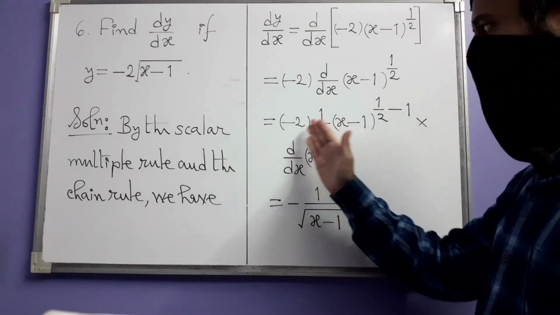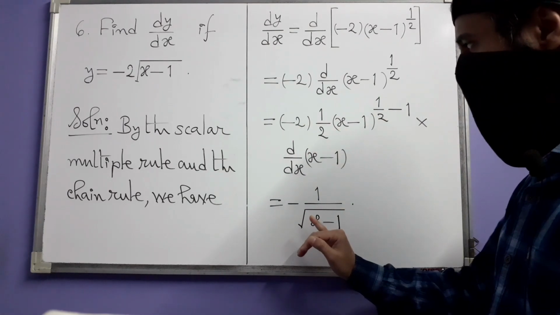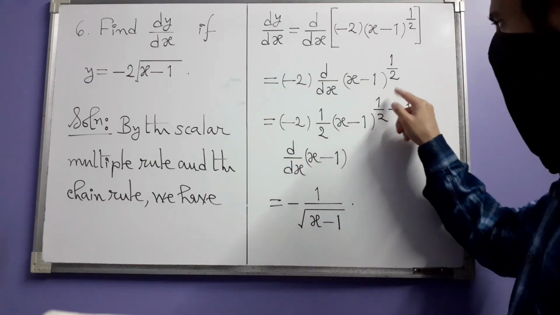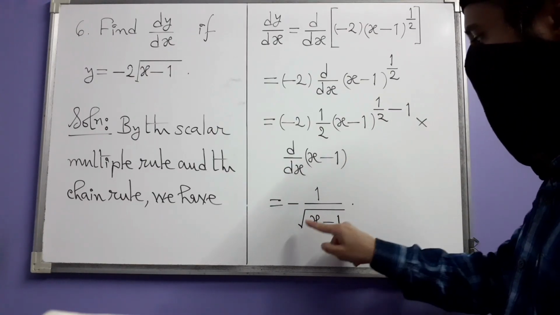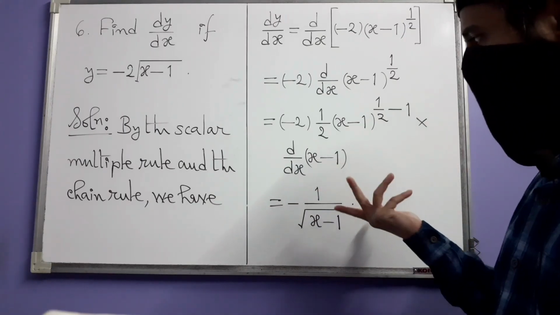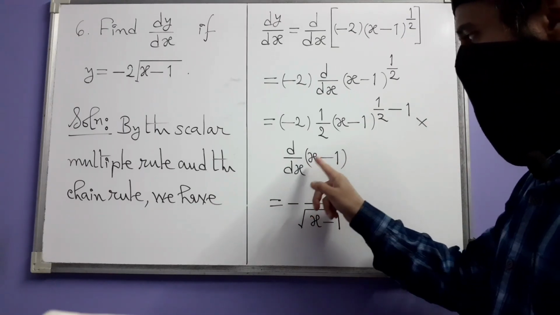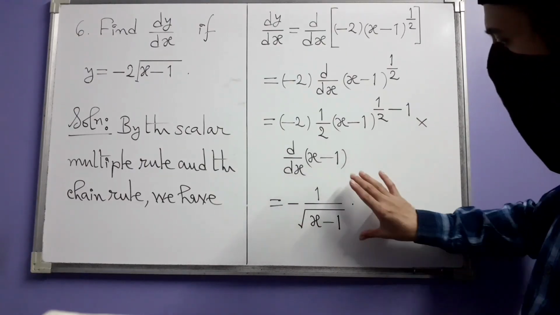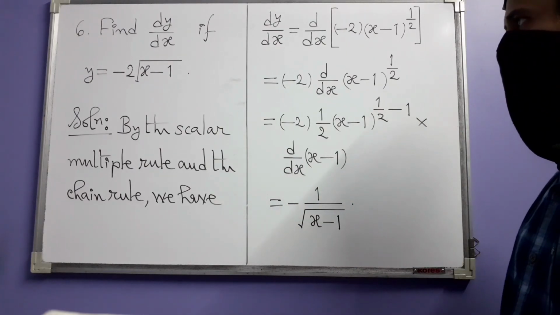Now after cancelling this minus 2 and 2, you get minus 1, and this one becomes minus 1 divided by 2, or 1 divided by square root of x minus 1. And this one you can clearly see will be 1, because d/dx of x is 1 and d/dx of 1 is 0. So this is your derivative.